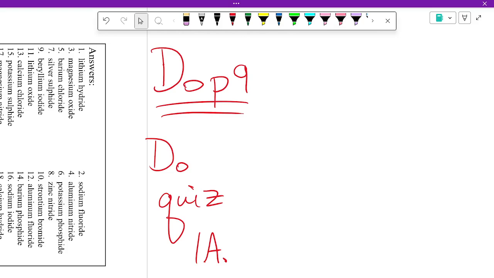All right. Lithium fluoride, sulfide. Yay! Miriam. All right. Woohoo!